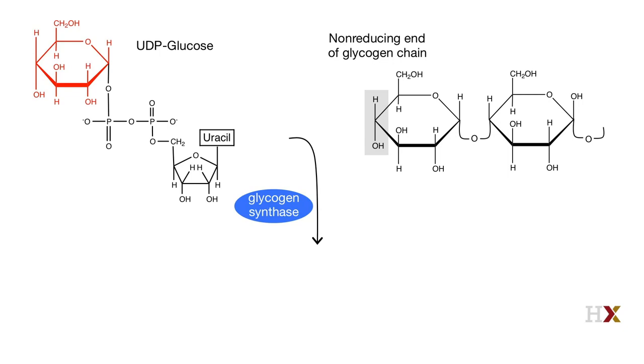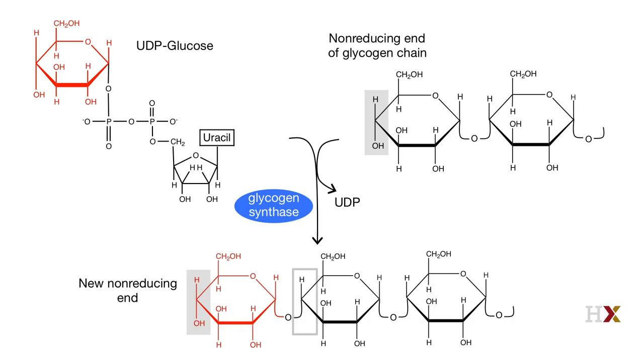The consequence will be the increase of the length of this chain by 1 unit and the formation of a new non-reducing end that can be used by the glycogen synthase to continue the elongation of this chain. Now, how are the branches formed?